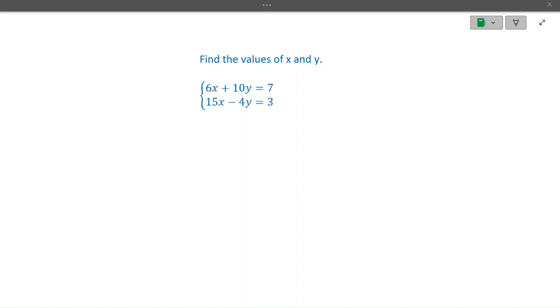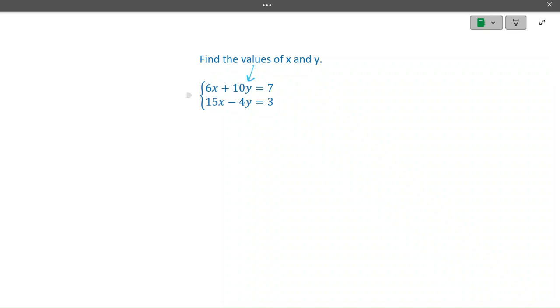I'm going to try to eliminate y. The reason I'm going to eliminate y is because one of the numbers is positive, one of the numbers is negative. When I think about what I could multiply by to have 20y and -20y, I'm thinking 20, because 10 times 2 is 20.